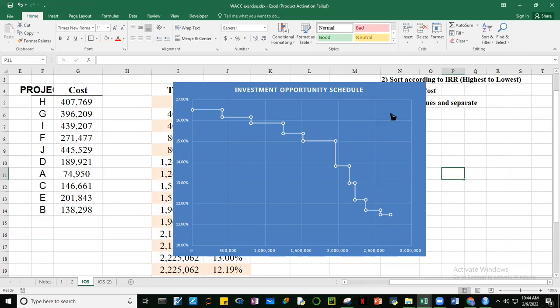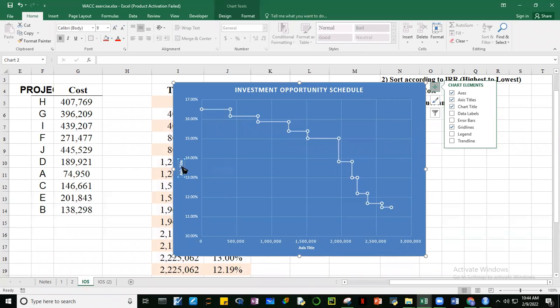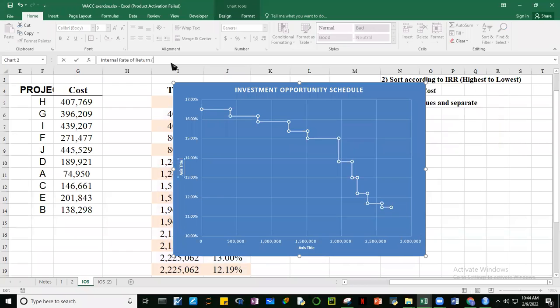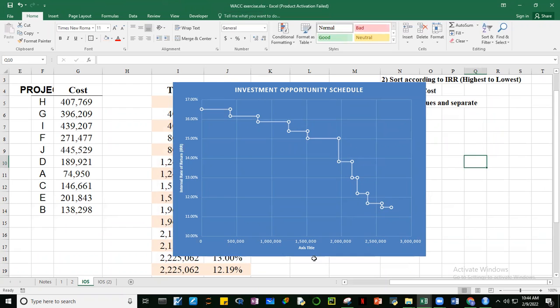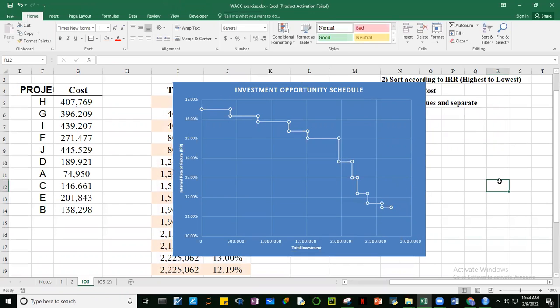Okay, so ilagay tayo ng axis labels. So dito, this is your IRR. And this is your total cost, total investment. Okay.